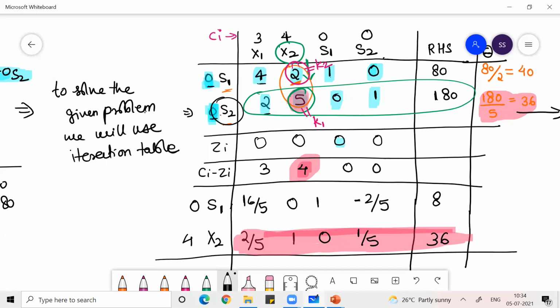Clear, everyone? So with this, you will find the values of S1.